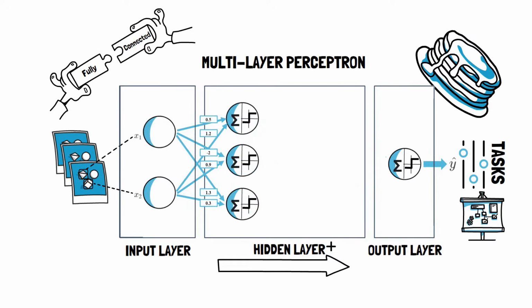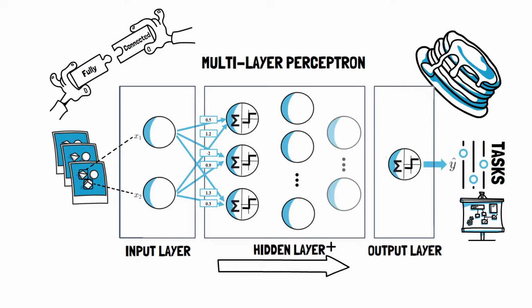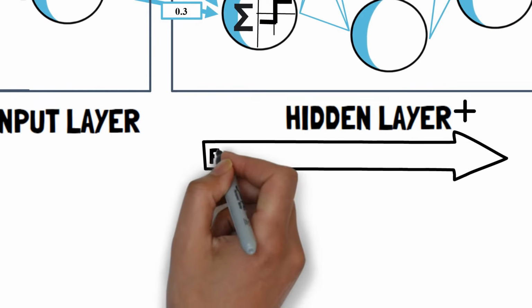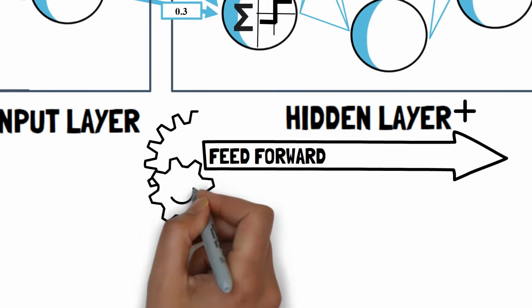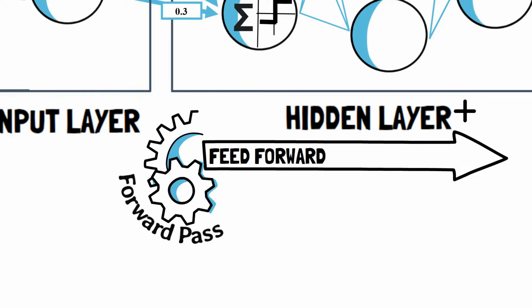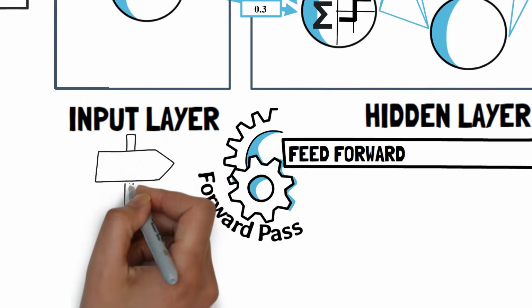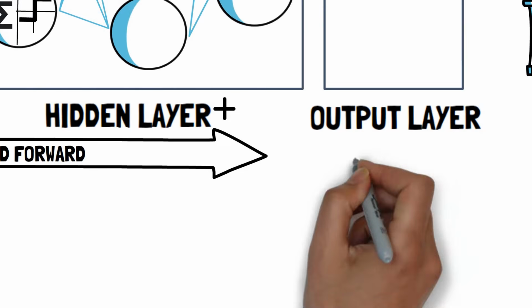Different hidden layers usually have different numbers of perceptrons or units. The number of inputs in one layer is equal to the number of perceptrons in the previous layer. MLPs are feed-forward networks, which means that the computations, also called forward pass, are performed unidirectionally from input to output.